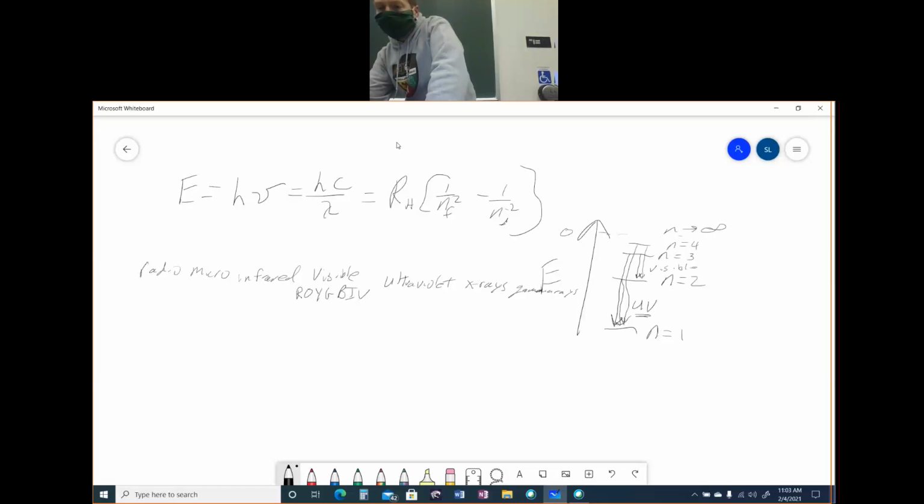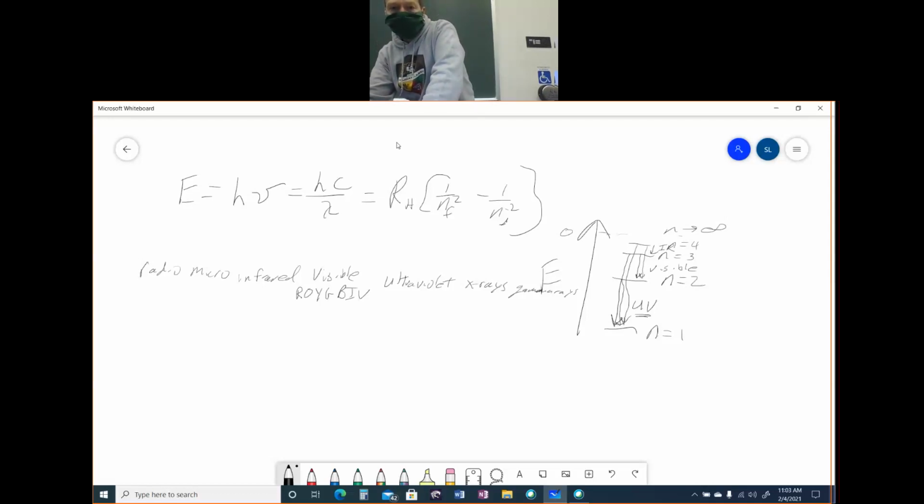And that's how we get our line spectrum of the different elements. And then when we go down to 3, then we're in the infrared region. So we have our Lyman, Balmer, and Paschen series for these transitions.